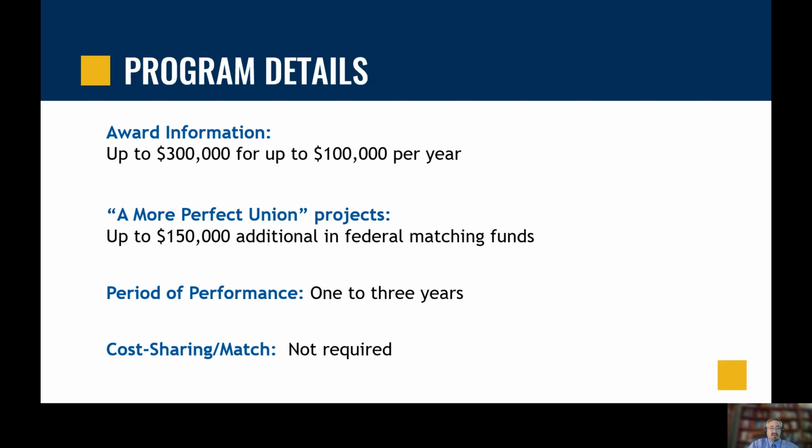If you have more questions about what makes you eligible for that initiative, you can email us. Otherwise, read over the new language in the Notice of Funding Opportunity, the NOFO, as we call it, the guidelines. We do have a period of performance of a minimum of 1 and a maximum of 3 years you can request. And as we say, cost sharing or matching is not a requirement of this program.